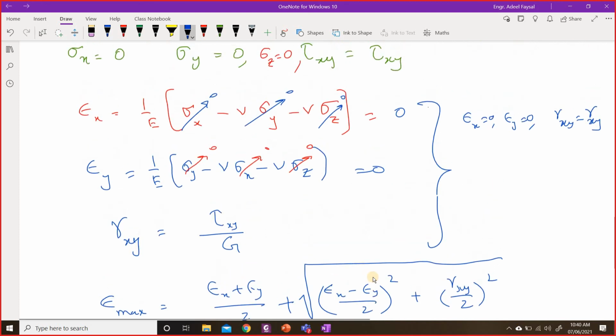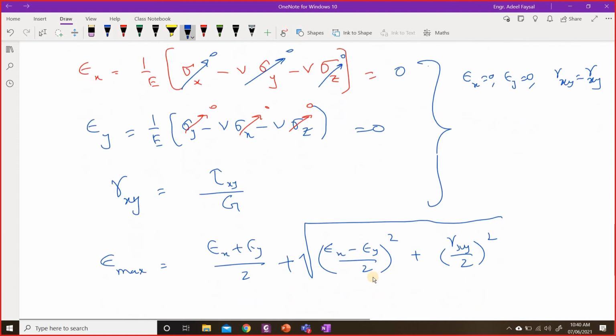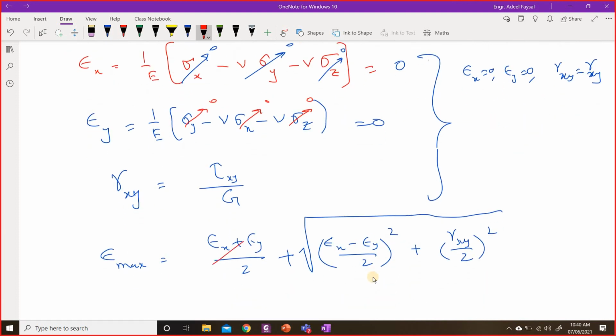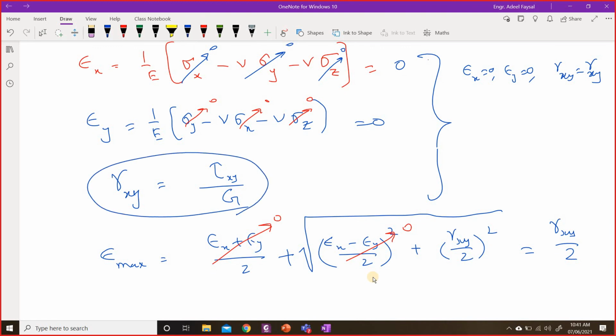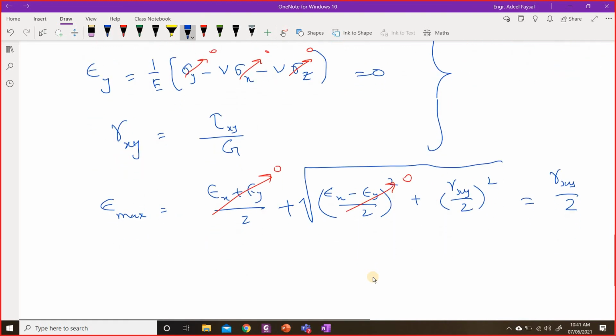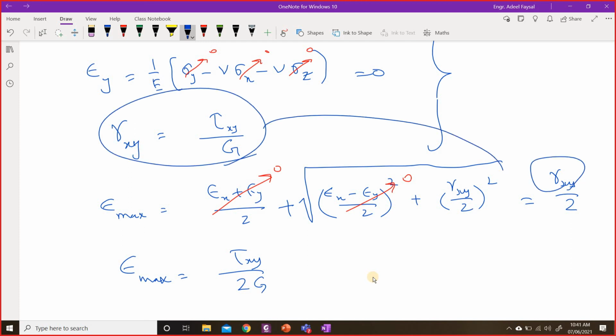In this particular case you can see that epsilon x and epsilon y are 0, so these terms disappear, and we can write it equal to gamma xy by 2. Gamma xy is related with tau xy by this expression. So epsilon max is equal to tau xy over 2G. If you put the value of gamma xy from this expression, you will reach this expression.